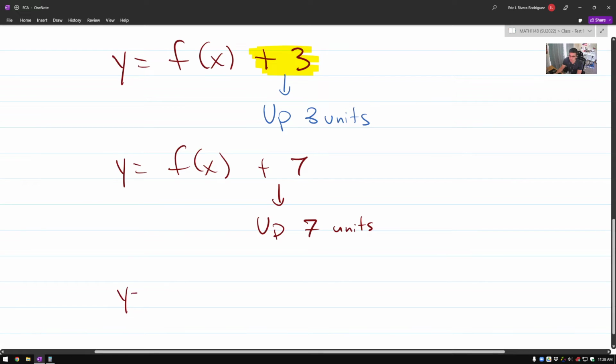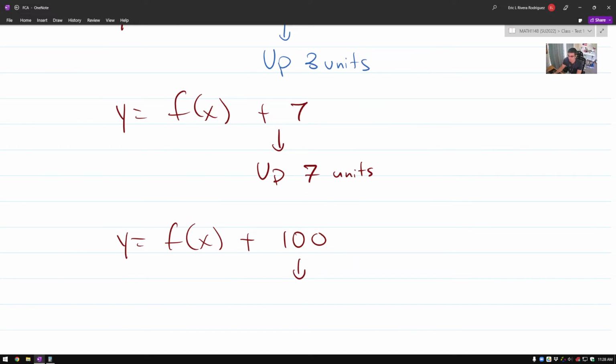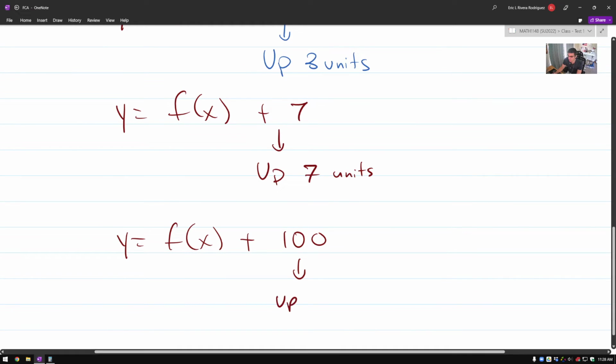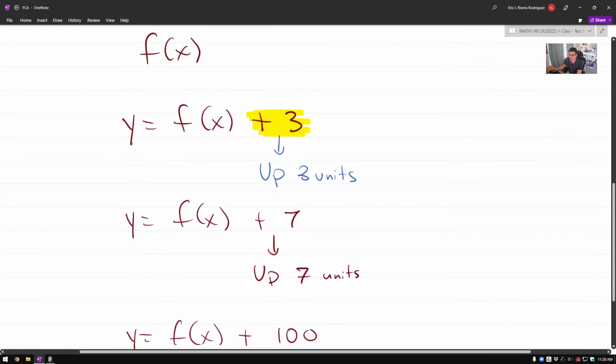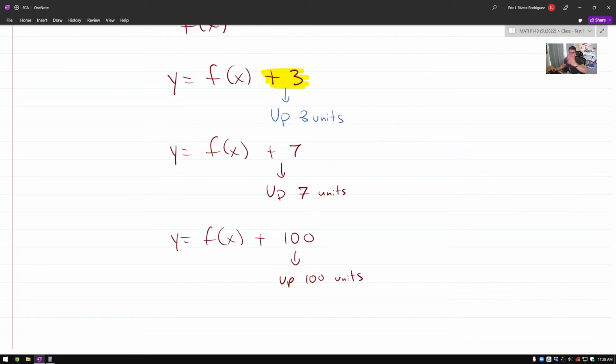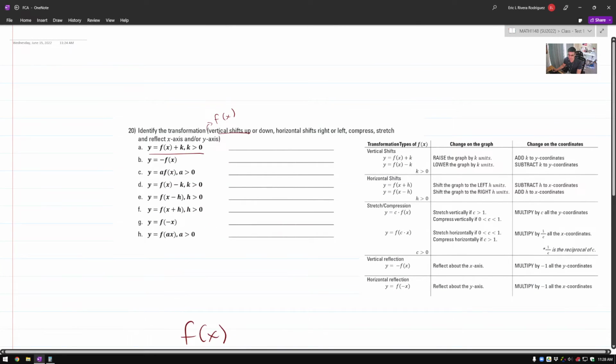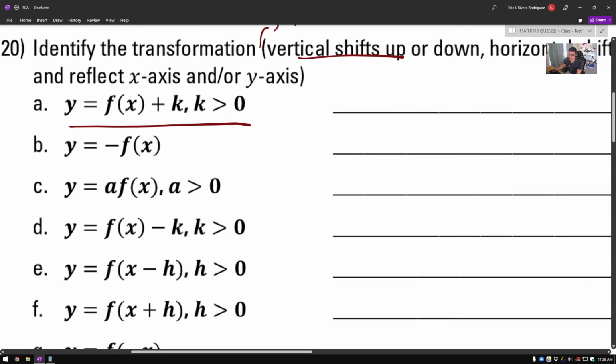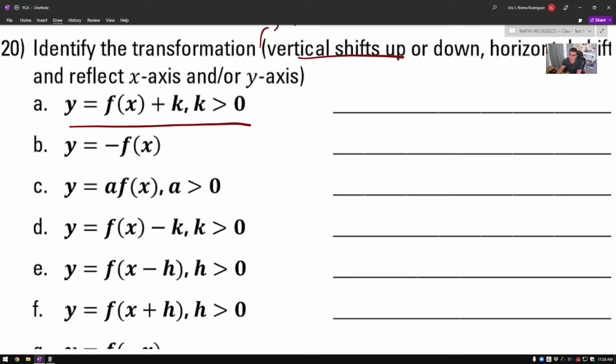And we can continue doing this. If I tell you add 100, that means we are going up 100 units. So the effect of adding something in the output group to the function is that we are going up that many units.